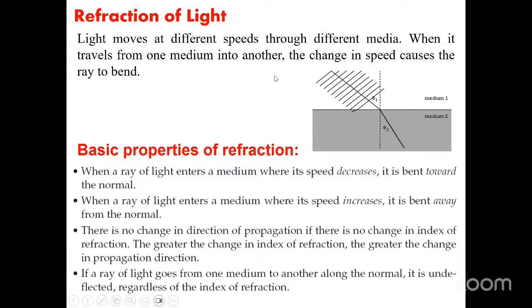Next, what are the basic properties of refraction? This may be asked as a short question. When a light ray enters a medium where its speed decreases, it is bent towards the normal. If speed increases, it is bent away from the normal. Speed decreases means it may be a denser medium; speed increases means it may be a rarer medium.